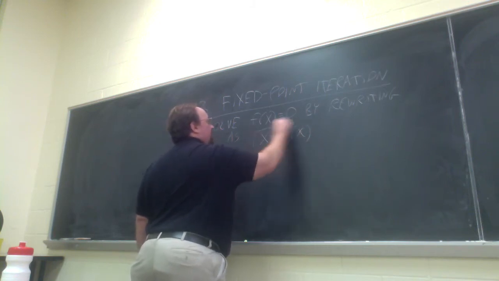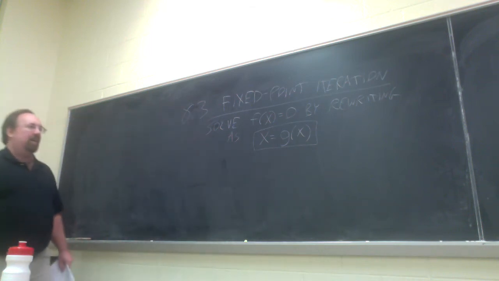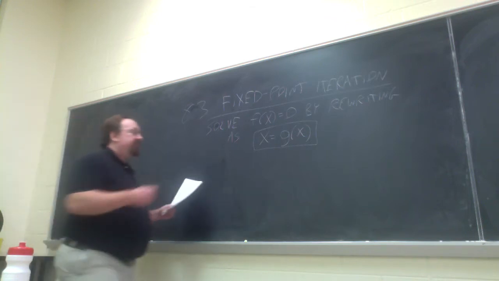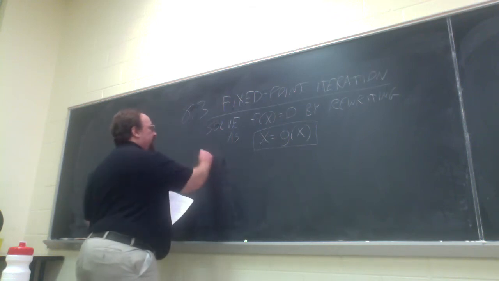And there are many different ways to do that, and we'll talk about how that can be done as we go. But the idea is, once you have it written in that form, then you have a very simple algorithm for solving it.